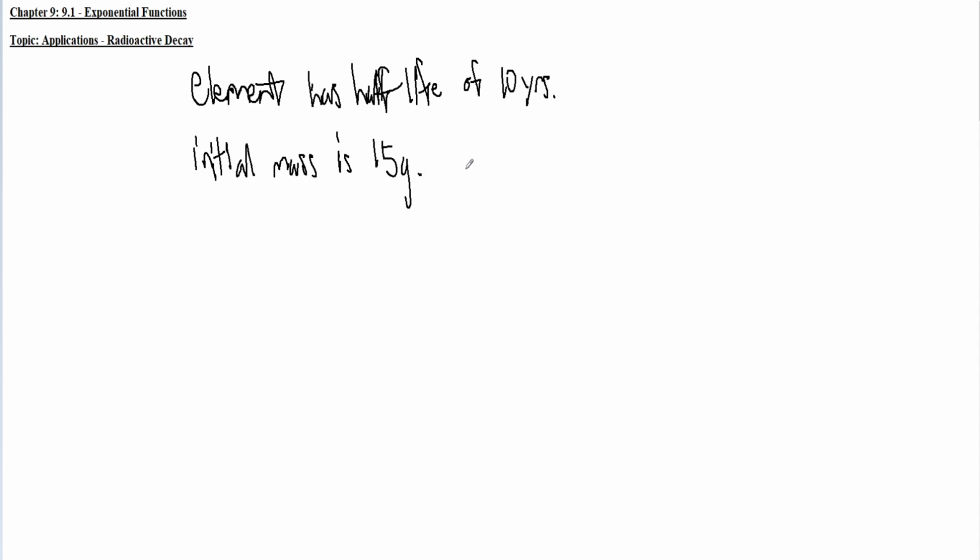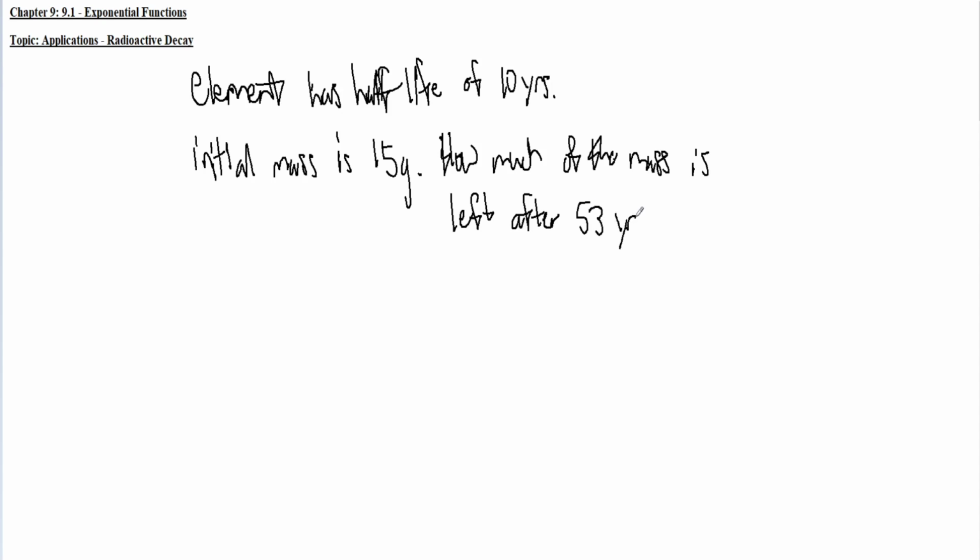And so we want to know how much of the mass is left after 53 years.